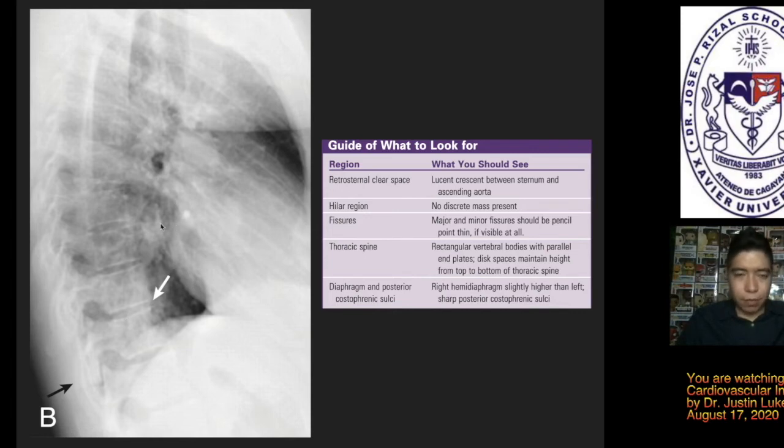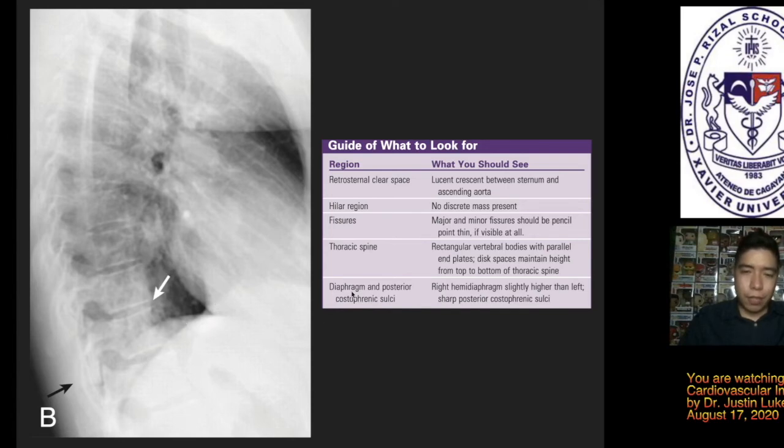Some vessels will taper off in this area, but usually it's relatively lucent. Sometimes it could also hide pneumonia that is hiding behind the heart, and that's commonly seen in the pediatric age group.